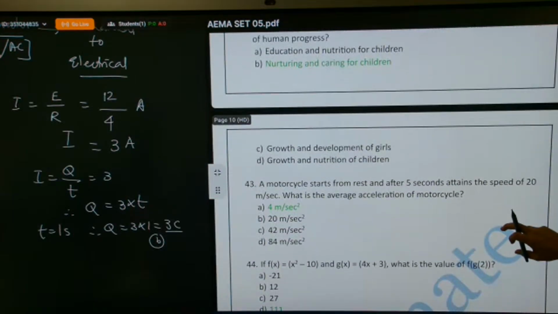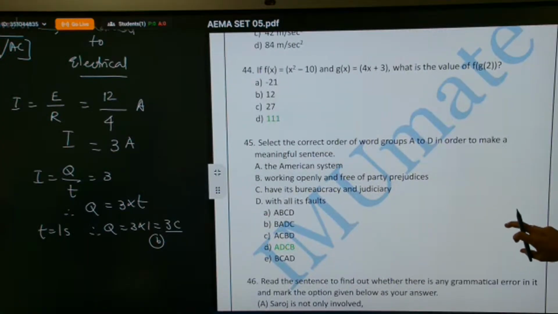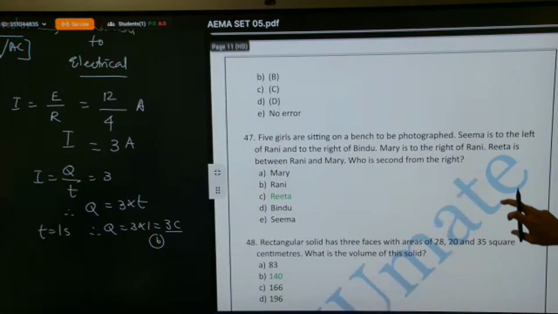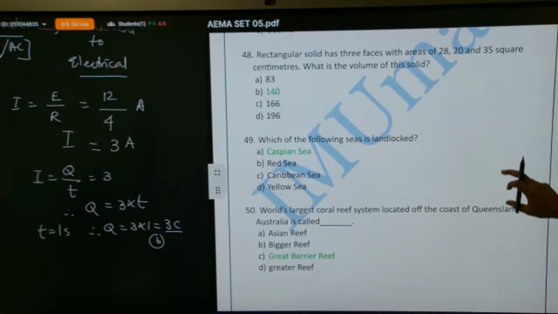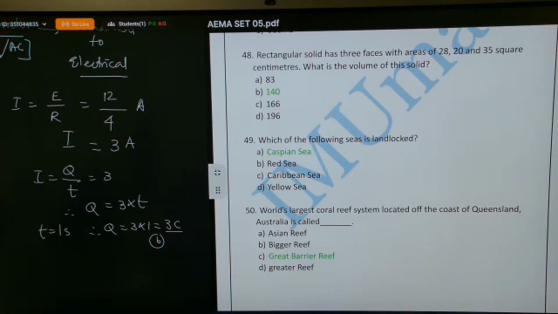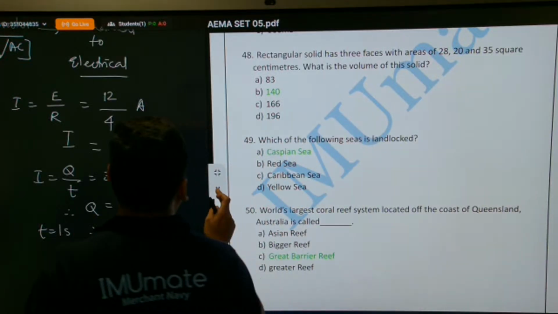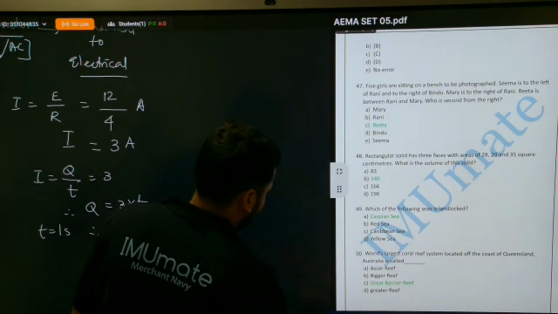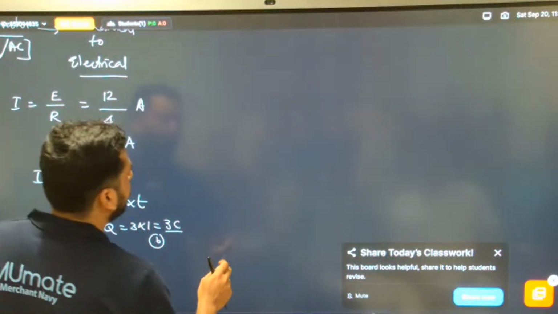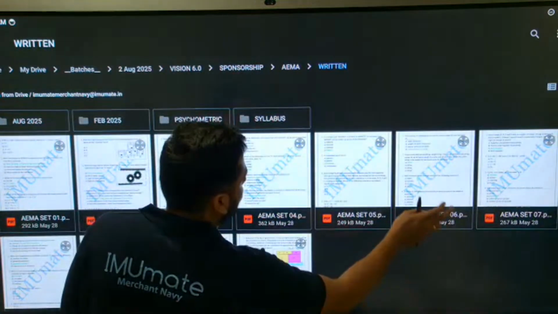Do you know half-life? Yes, sir. Okay. Yes, by lambda. Okay. This was set 5, na? Yes, sir. Okay, so we'll start solving set 6.